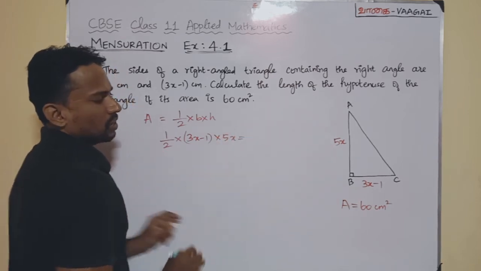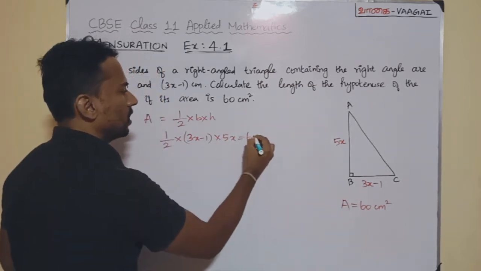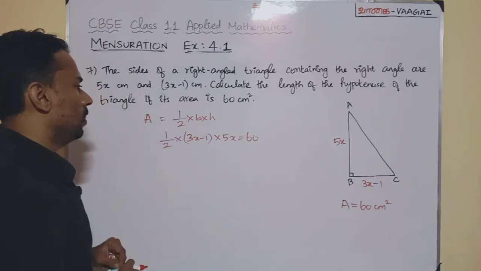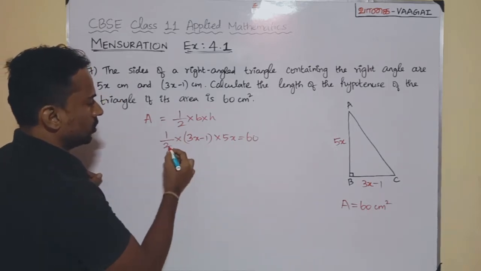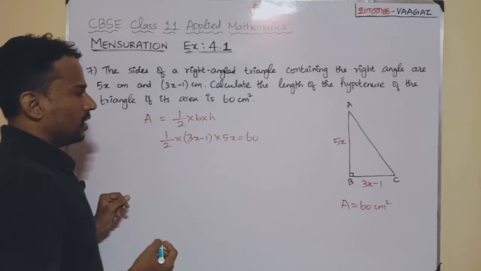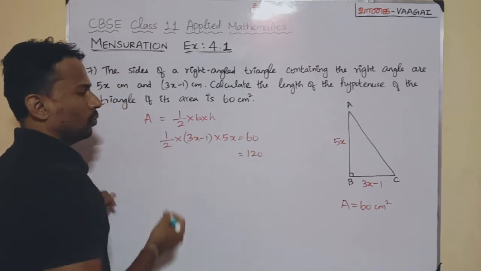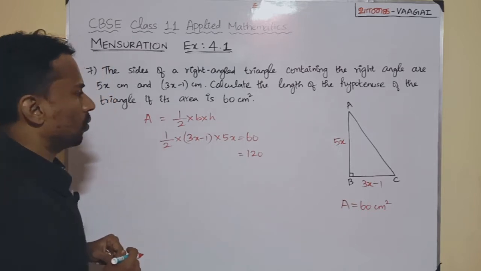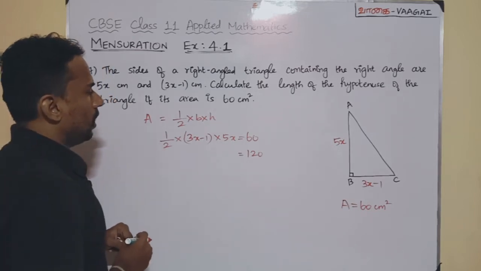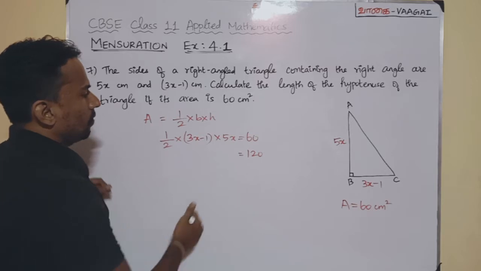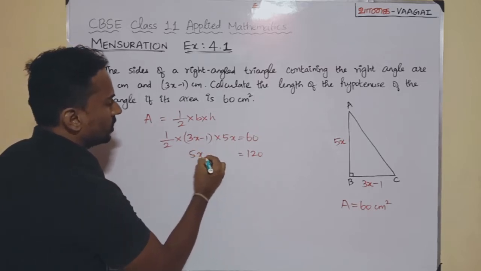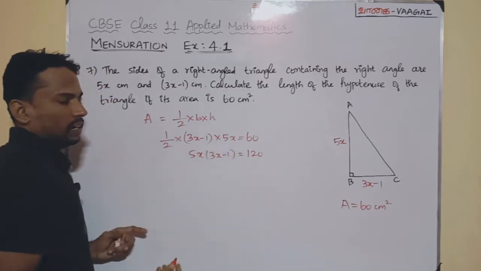This is equal to the area, which is 60. I'm equating it to 60. Next, I can take this 2 to the other side, so the right hand side becomes 120, because 60 into 2 gives 120. And I can write this as 5x into 3x minus 1.